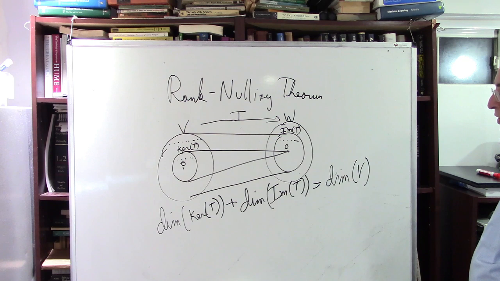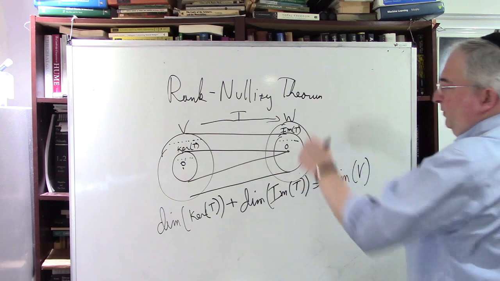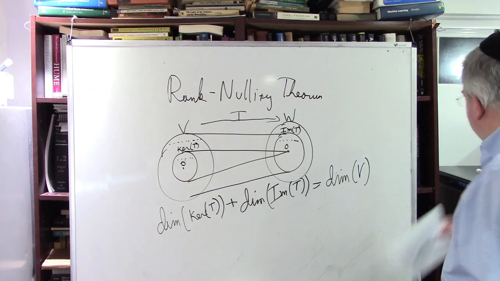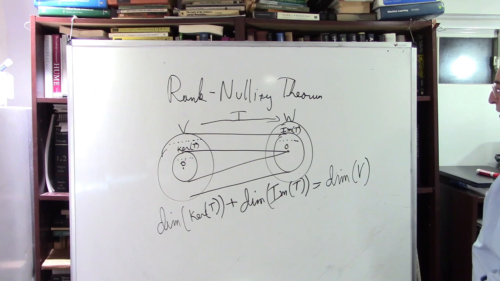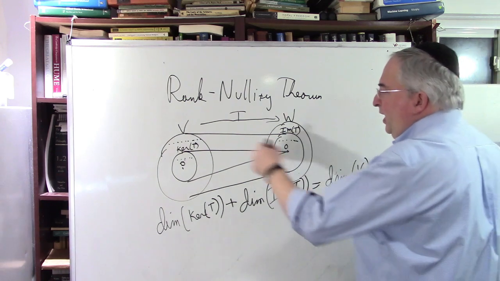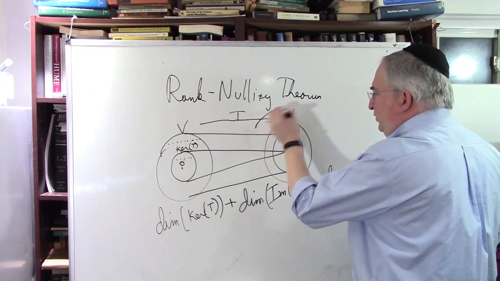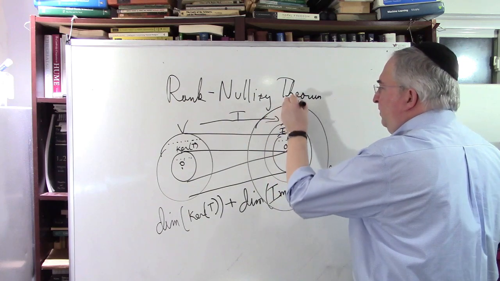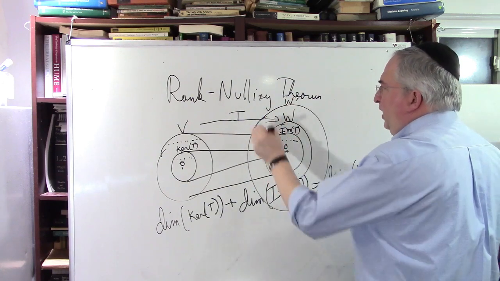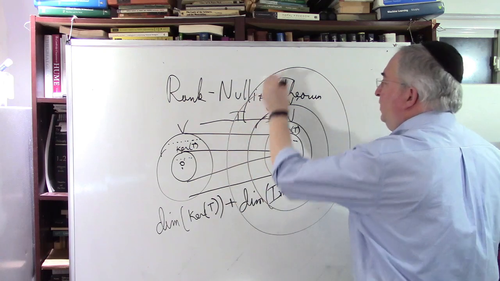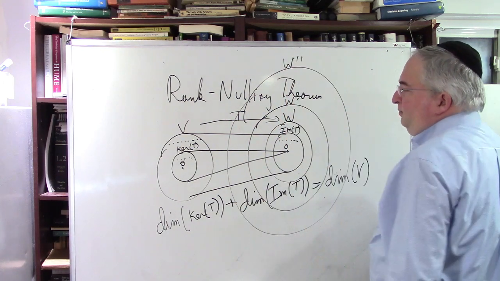Question: what about the dimension of W? The answer is, W doesn't play a role here, and let me show you why. I could do this for W, but I could also have a bigger W, W prime, or an even bigger W, W double prime.